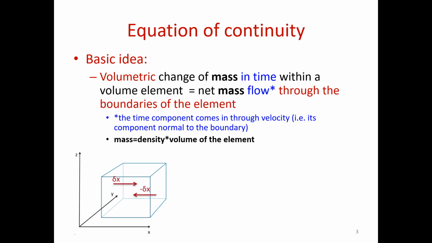So what did we do? The basic idea is that if I have a non-reactive fluid, with no chemical reactions that can result in something new forming, and I look at the change of mass in a static box in a coordinate system, then what's changing that mass has to come through the boundaries of the box.